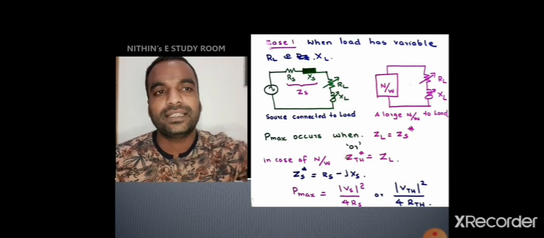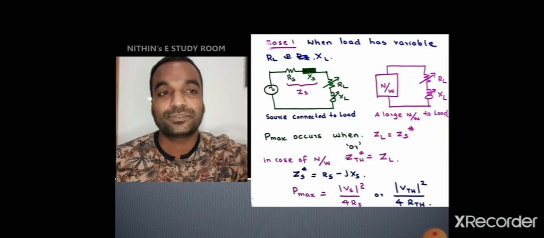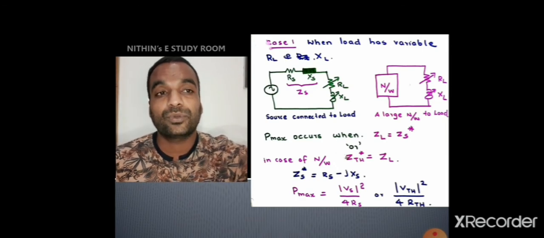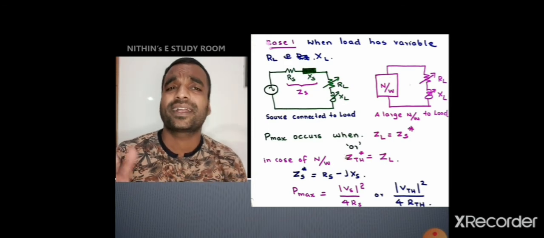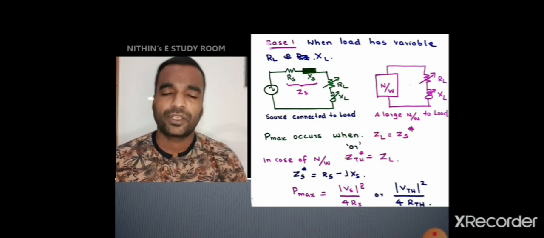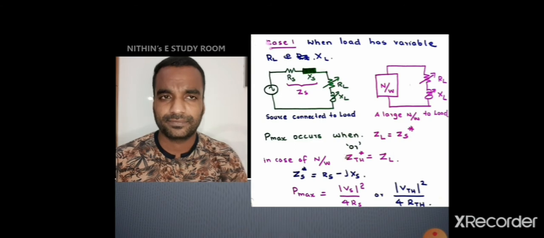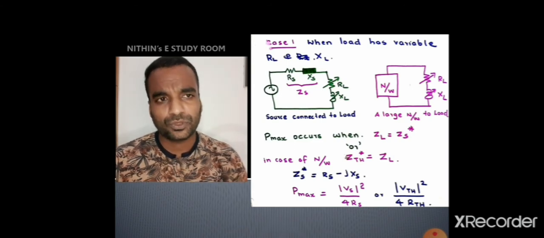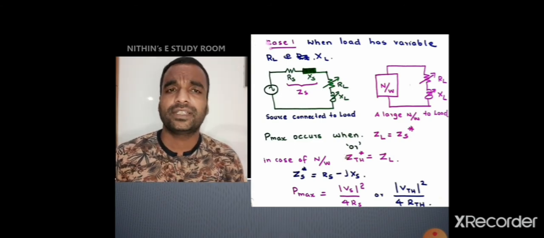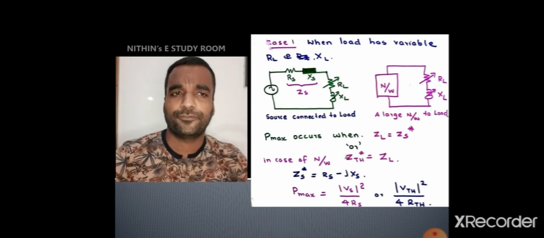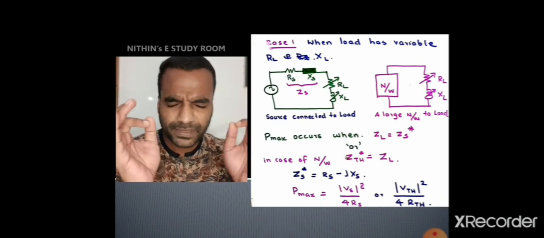But you can see two bars are there. What is it? It is magnitude. Magnitude of V Thevenin. If you are calculating V Thevenin, you may get some angle also. You have to eliminate that angle. And also, if you get V Thevenin in a plus bi form, that is rectangular form, please be careful.